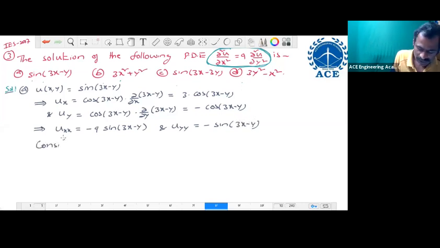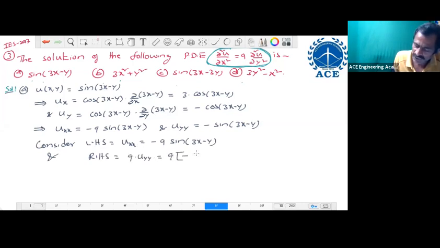So consider the LHS part. LHS equals u_xx equals −9 sin(3x − y), and RHS equals 9 times u_yy. 9 times u_yy is −9 sin(3x − y). Both are the same.